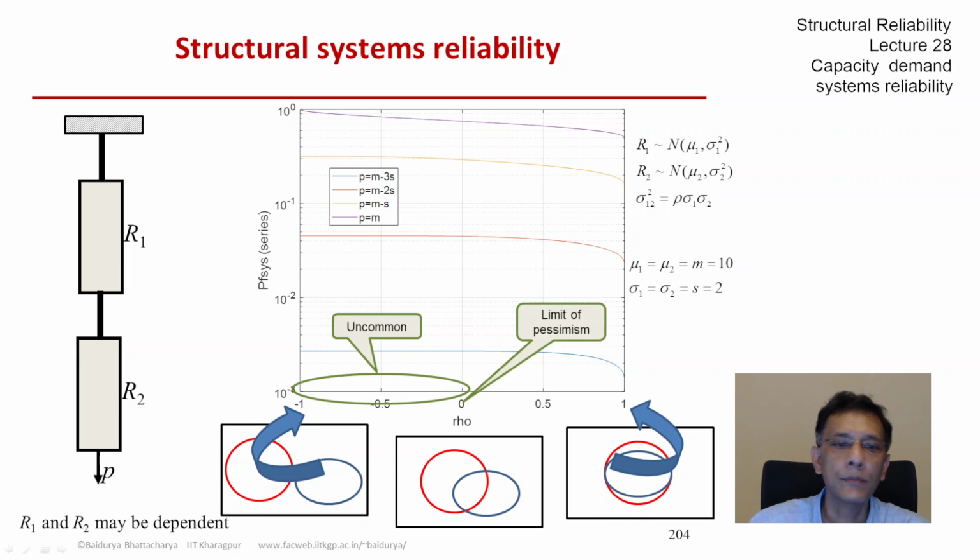So if we do not know, or if we want to simplify matters, for a series system, it will not hurt to have an independent assumption between different strength variables, provided we are talking about the same sort of failure mode.